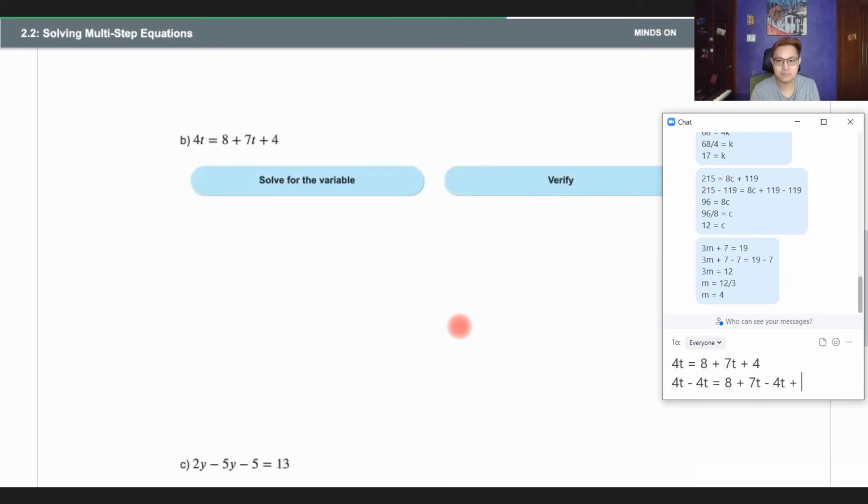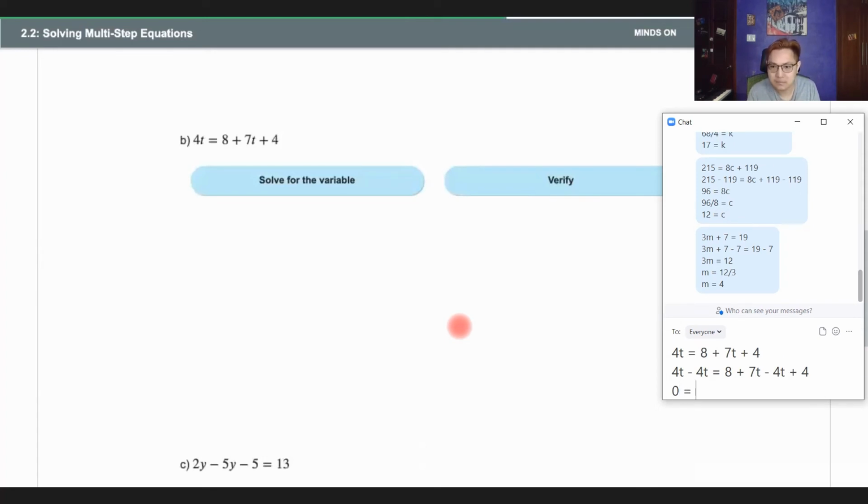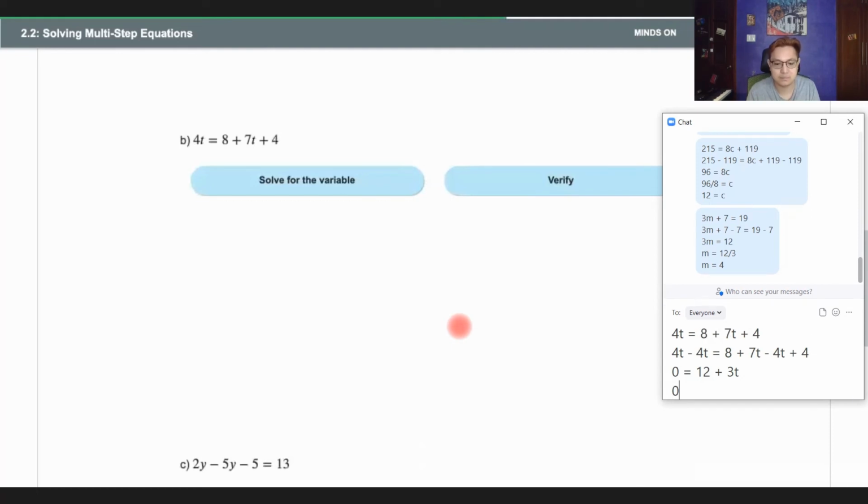You take the 7t and I think you're supposed to subtract them both.